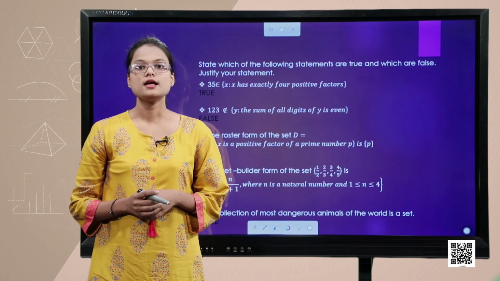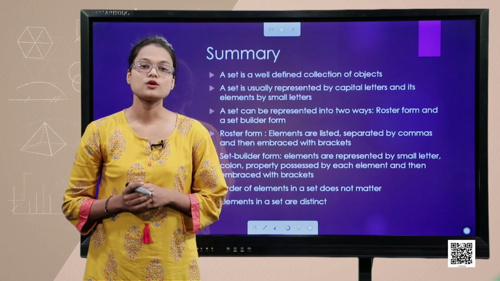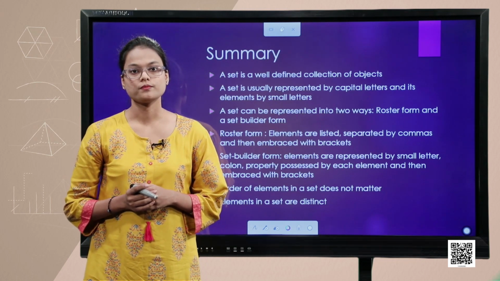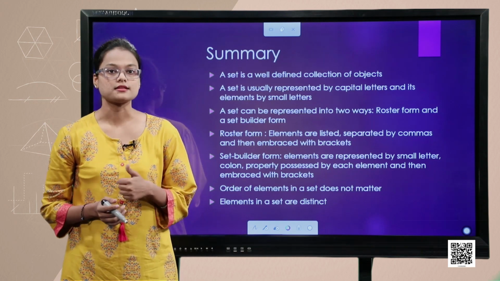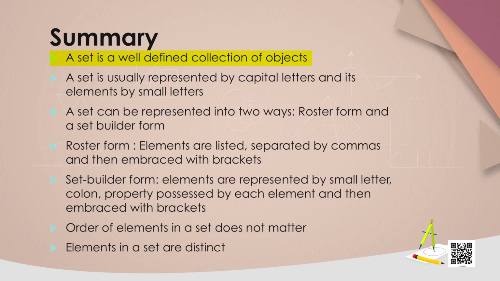So, students, let us quickly recapitulate what we have done today. Today, we have done sets. What is a set? A well-defined collection of objects. Also, a set is usually represented by capital letters and its elements by small letters. Set can be represented in two ways, roster form and set builder form. In a roster form, what we do?